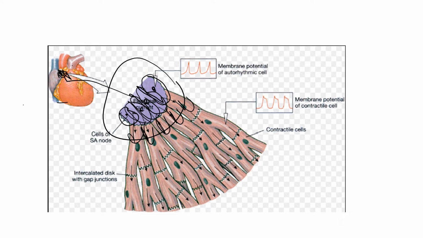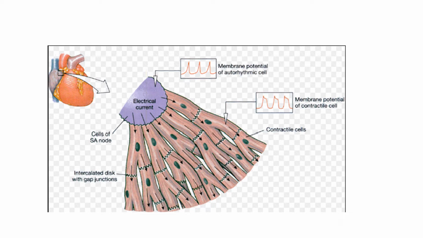Okay, so that's what I want you to try to imagine in your head and remember throughout this: don't think of the SA node, this collection of cardiac muscle fibers that has the ability to generate their own action potentials, as looking any different than the other cardiac muscle fibers in the heart, because they don't.